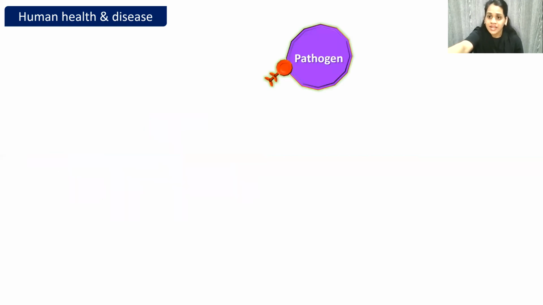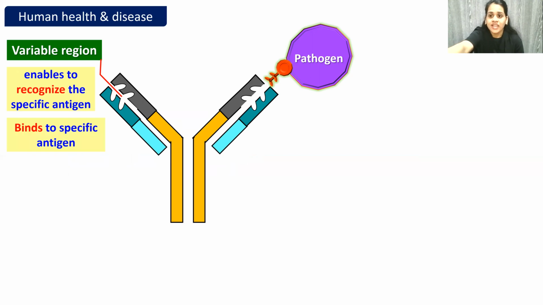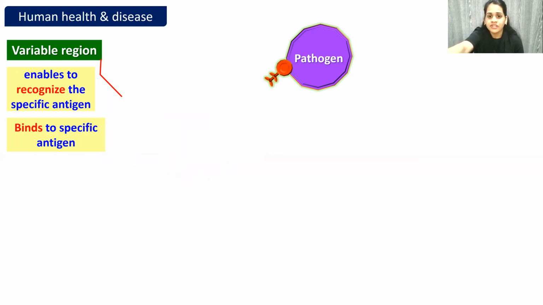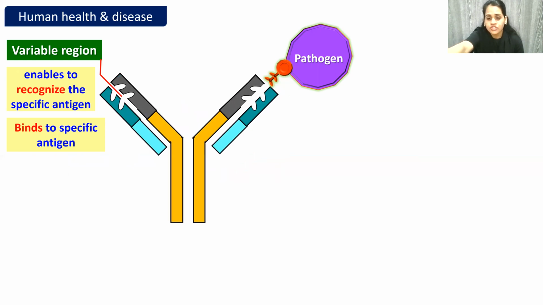Okay, now let us understand what happens when the pathogen comes. So this is a pathogen. Okay, and this is a variable region. So the variable region will enable recognition of that specific antigen. So it will analyze that antigen, it will understand it, and it will try to bind with that antigen. Can you see? I'll show you again. So this is your antibody.